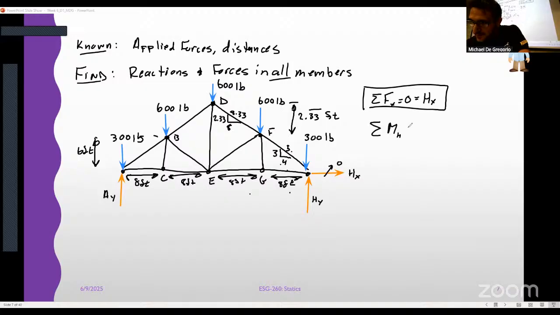Sum of the moment, I'm going to use H. Again, doesn't matter where you do it. I just did H. So I'm going to start at 8 feet away, right? Because the 300, this first 300 goes through H. So we get negative 600 times 8. To remind ourselves, X and Y.